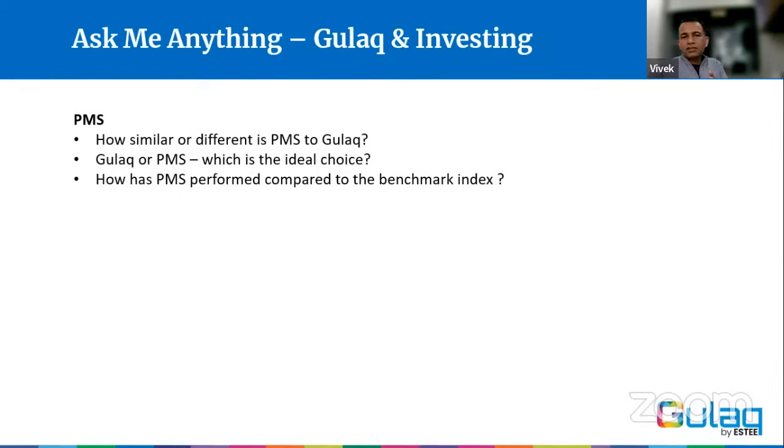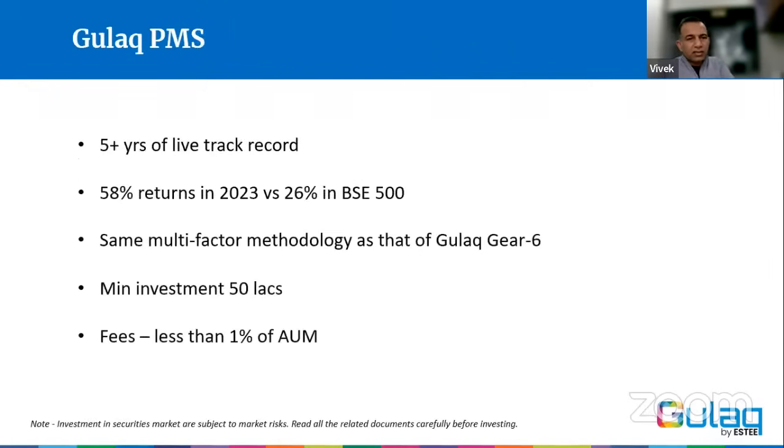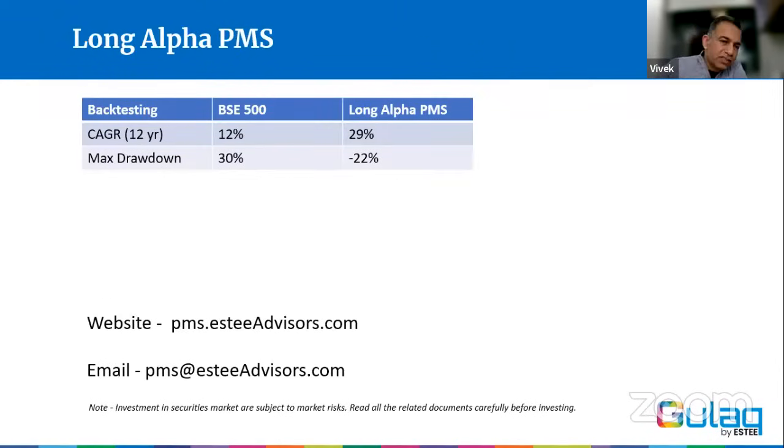How has PMS performed as compared to the benchmark index? We have given a pretty good alpha over the benchmark index. And what I would recommend is go to this specific website, pms.stadvisors.com. Visit this. It has all the details about methodology, about how we have performed, and you can actually download a detailed report on our portfolio.